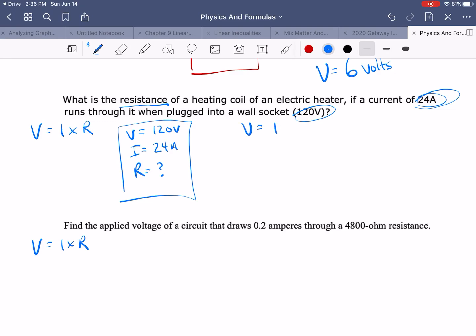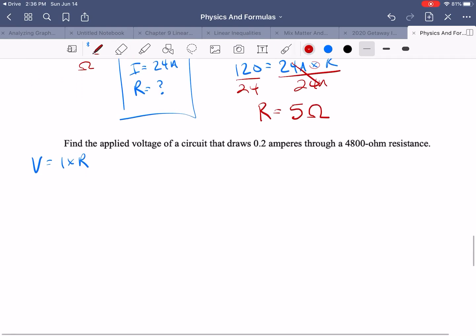V equals I times R, and you would go 120 equals 24 amps times R. And then in order to solve for the variable, we have to do the opposite of multiplication, which is divide by 24, divide by 24. And so we look here, 120 divided by 24 is 5. Resistance equals 5, but it doesn't just equal 5. Remember that resistance is measured in ohms, so we'd have to write ohms here for that extra mark.